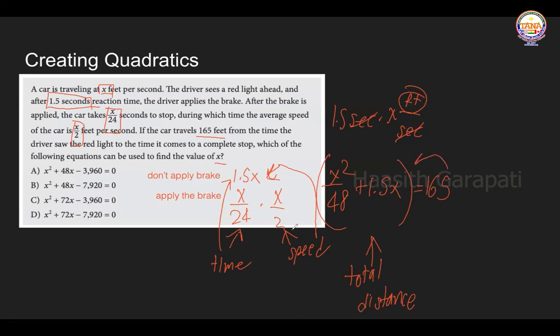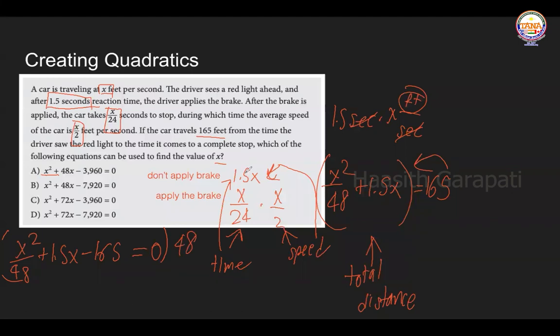If you move the 165 to the other side, you get x squared over 48 plus 1.5x minus 165, which is equal to 0. Now they say, which of the following equations can be used to find the value of x? Well, if you notice, the x squared term has no coefficient. They have no 48 fraction. So we got to multiply the whole thing by 48.